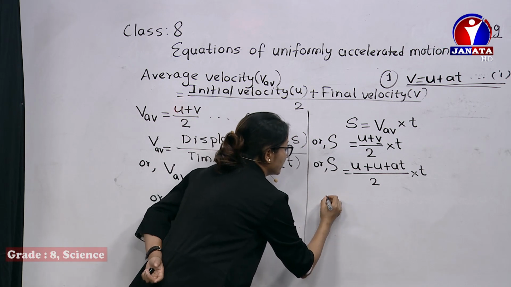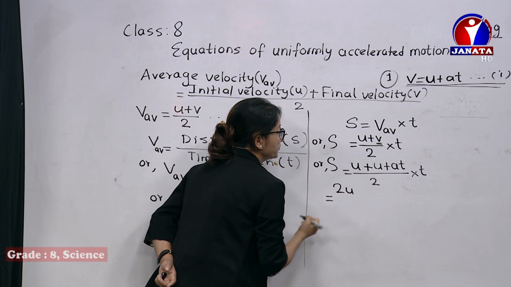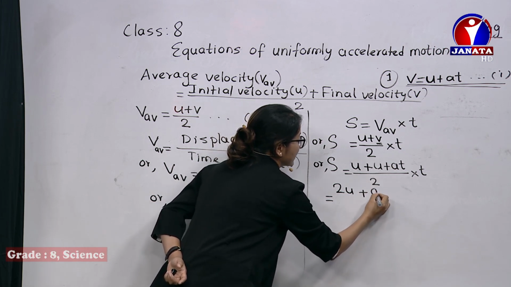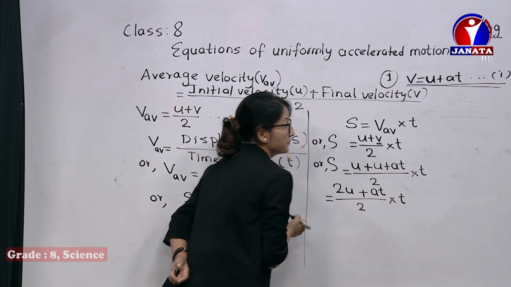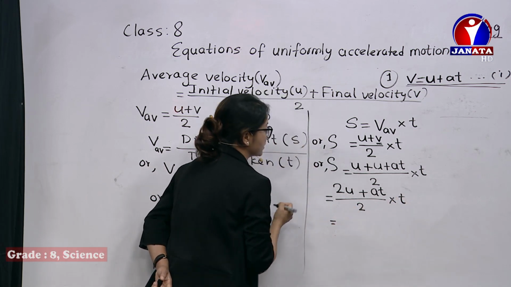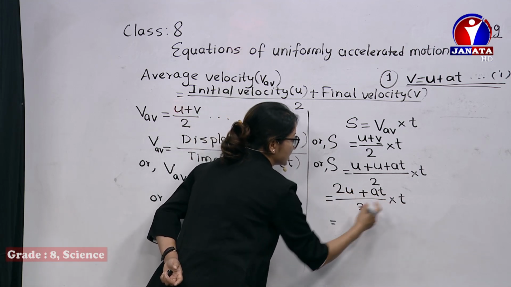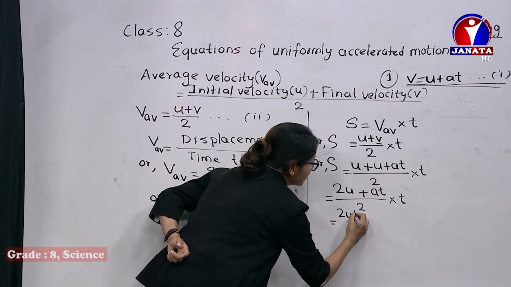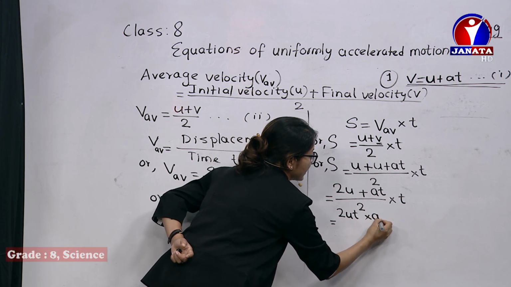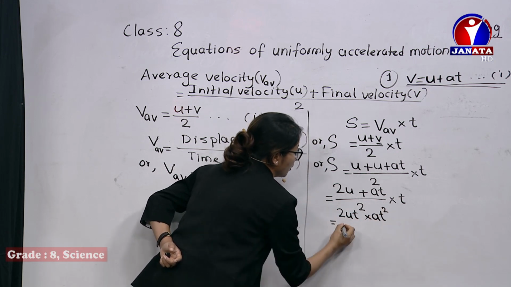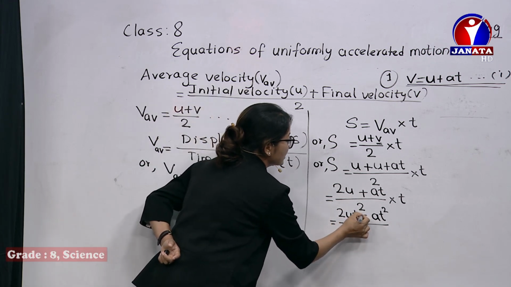Now what do we have? u plus u, we can write as 2u plus at, over 2 into t. Again, let's multiply this by t: 2u into t we can write as 2ut, and at multiplied by t is at square, over 2. Now we can separate it.